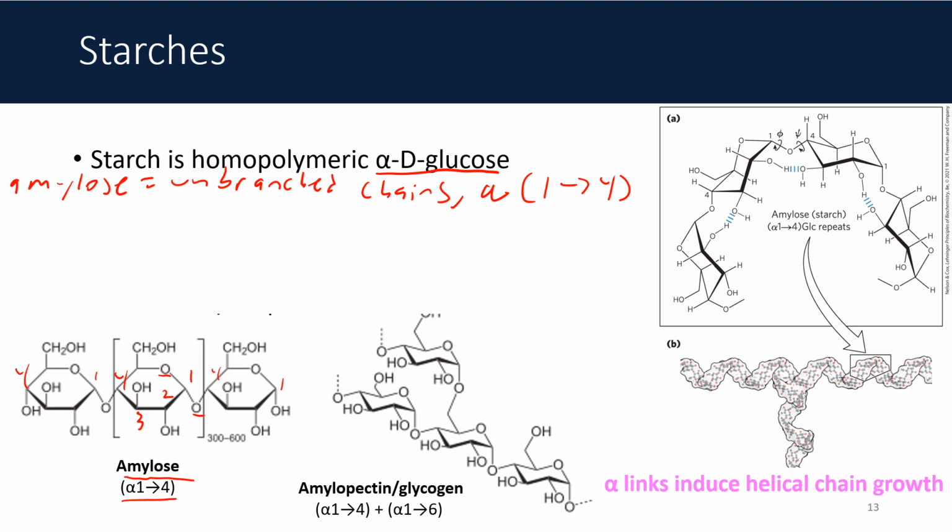And what bonds do these ends participate in? I'm highlighting the glycosidic bonds that connect the C1 hemiacetal to the C4 hydroxyl of the next sugar unit over. And that's what we mean by an alpha-1,4 linkage.